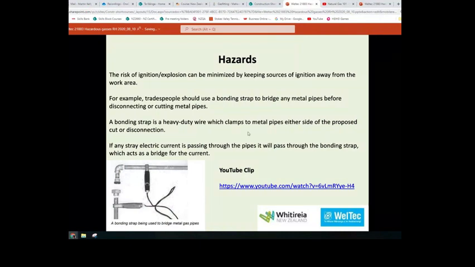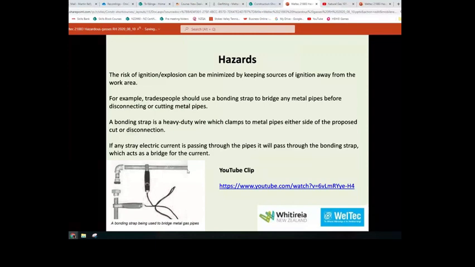Other hazards that are, again, less obvious is a potential stray current running down a metal pipe. Metal pipes are conductors, and they can carry electrical currents. In some older homes, probably 1950s or before, maybe even later, the earth for the house's electricity was bonded to the water pipe, usually a galv or copper water pipe.